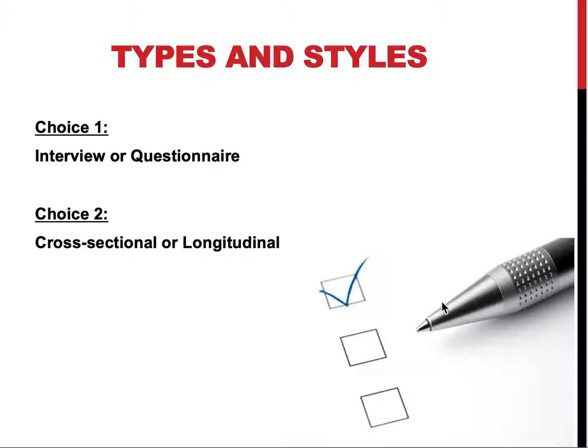I'm sure what you're used to thinking of whenever I say interview is Barbara Walters or Oprah, or I'm getting old and I don't know who's on TV right now, but you're thinking of someone on the news or on television who is interviewing somebody else. This is going to be very similar whenever we're doing surveys and when we're doing qualitative, but it's going to be a little different in surveys in how we're using that instrument.